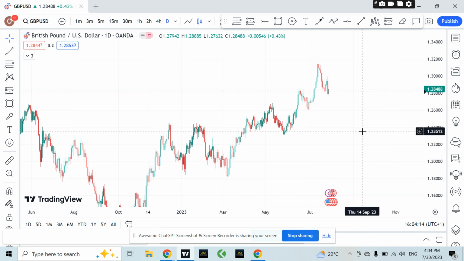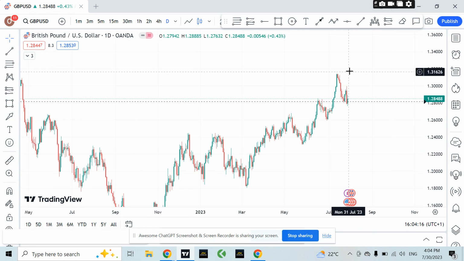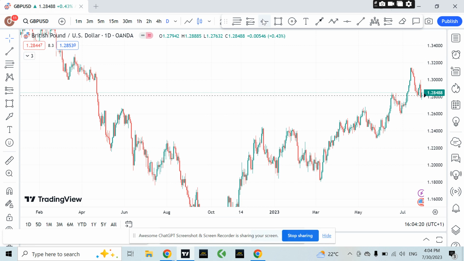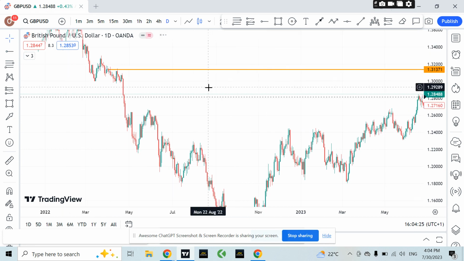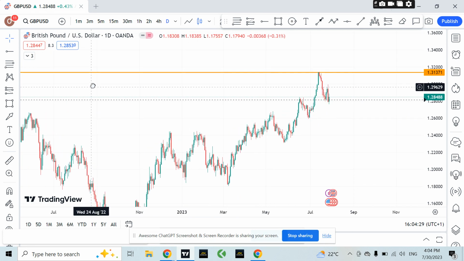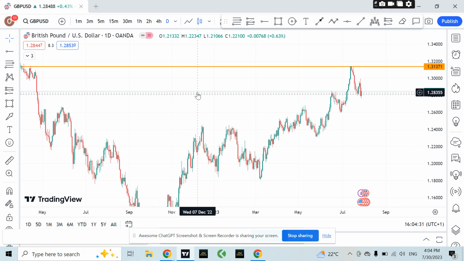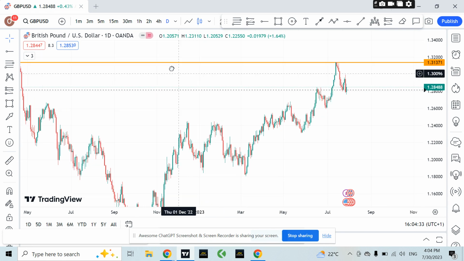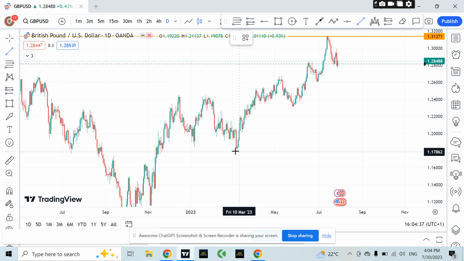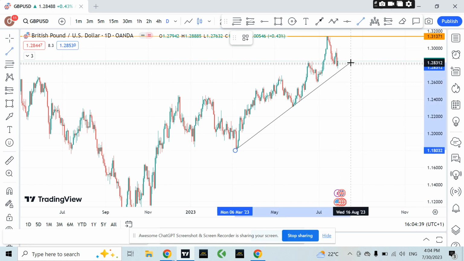So we can see that the market has been selling. And why? Because if you go back, you see the market tap into this supply zone here and started pulling down. That is why it has been selling for some time now. But looking at it, we are in an uptrend, right?